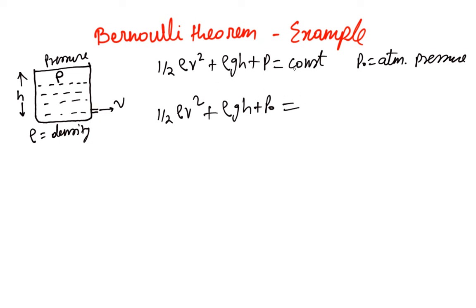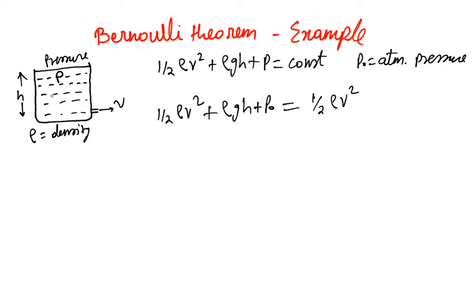At the top, we'll write the same equation as half rho v square, but there is no rho gh term now, because the h is 0 at the top. Let's say the water is really filled up to the top with this high pressure P here.